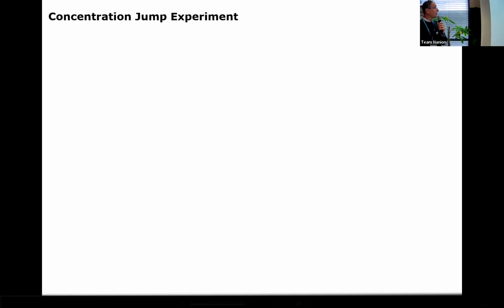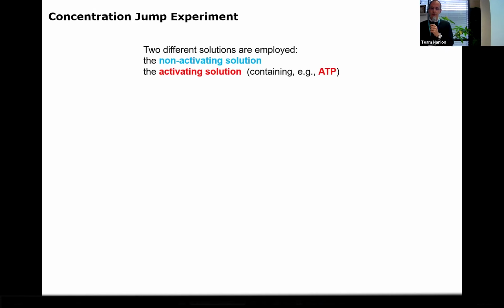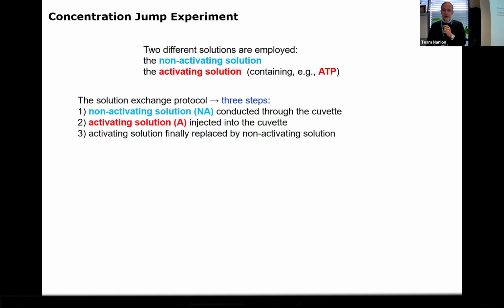From the experimental point of view, we use two different solutions in a concentration jump experiment: the non-activating solution and the activating solution, which contains the activating substrate, for example, ATP. So the solution exchange protocol consists of three steps. First, the non-activating solution is conducted through the cuvette, which contains the SSM with adsorbed vesicles containing the ATPase.